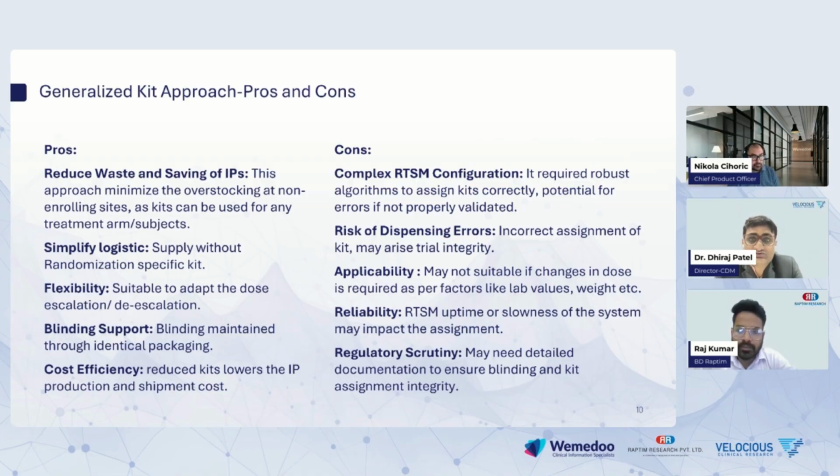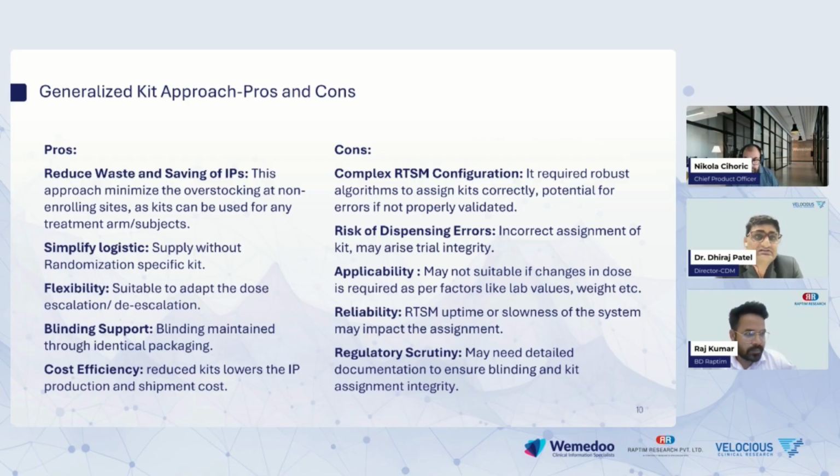But this also comes with some cons. It is very complex in the back end, because there is a possibility that the system may assign the wrong dose based on wrong data entry, or maybe a change in the data. So we should have 100% control on some important data fields that should not change once entered.